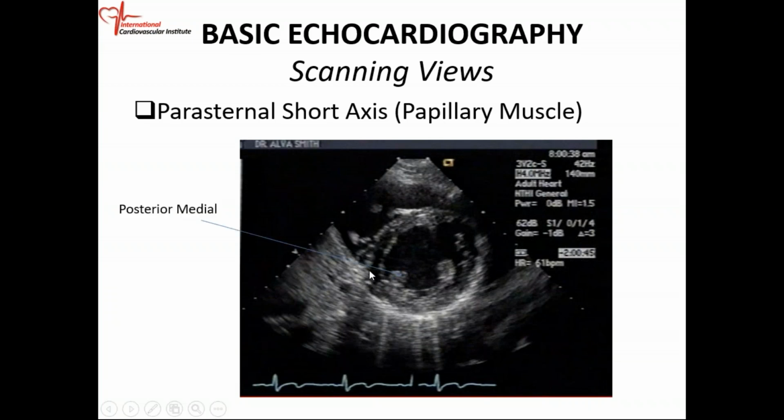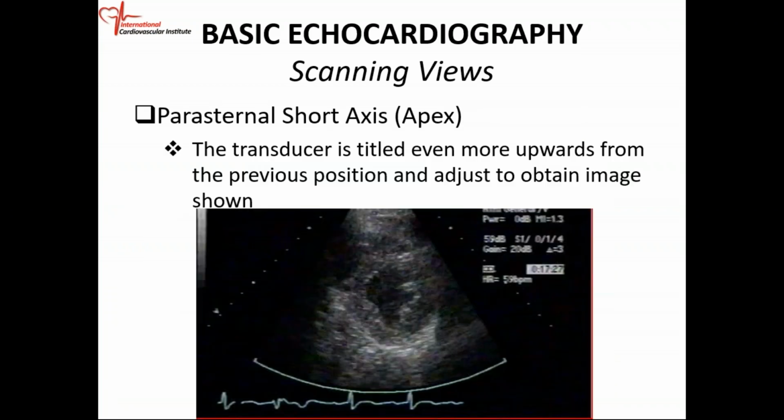Okay, so if you move your transducer angle even further upward, you get the apex of the heart. So this is what the apex of the heart looks like. Inferior wall is there, anterior wall, septum, lateral wall.